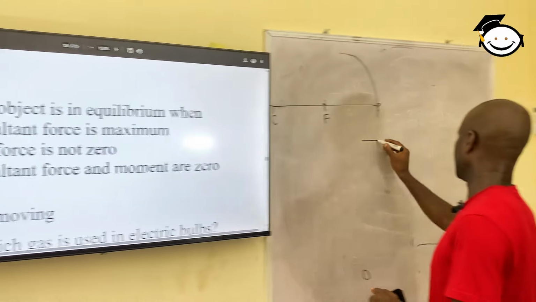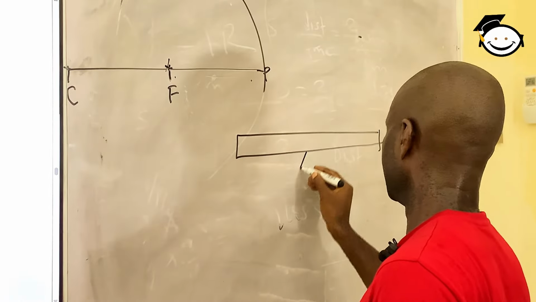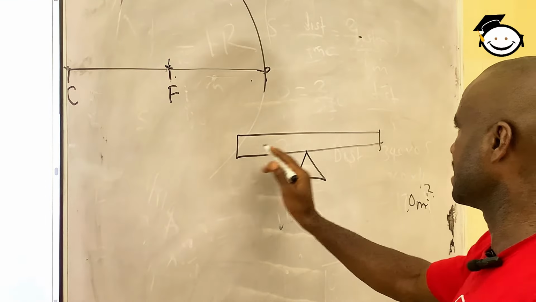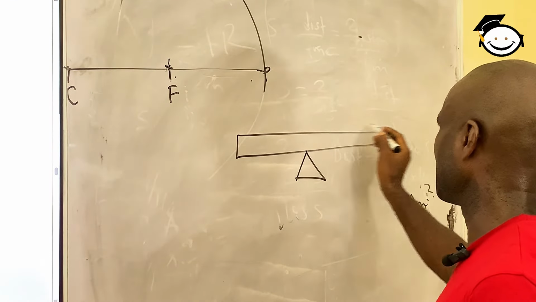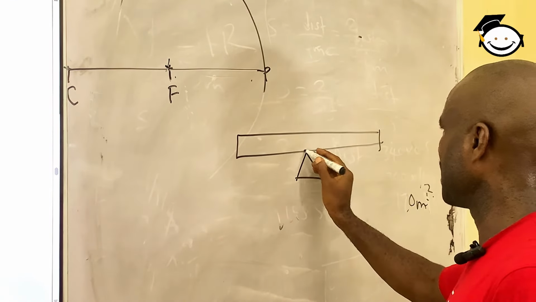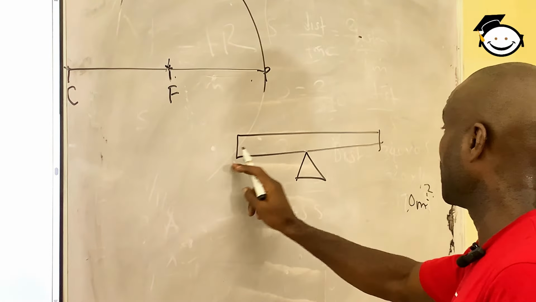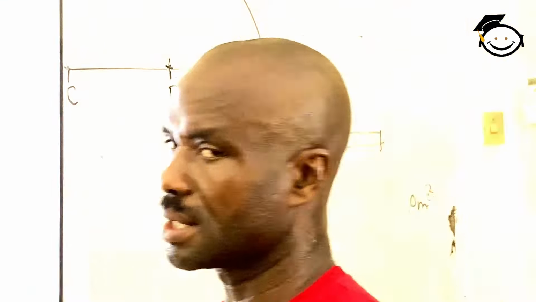When you have a ruler placed on a knife edge, it is in equilibrium when it is balanced, because the resultant force and the moment are zero. Question 30.